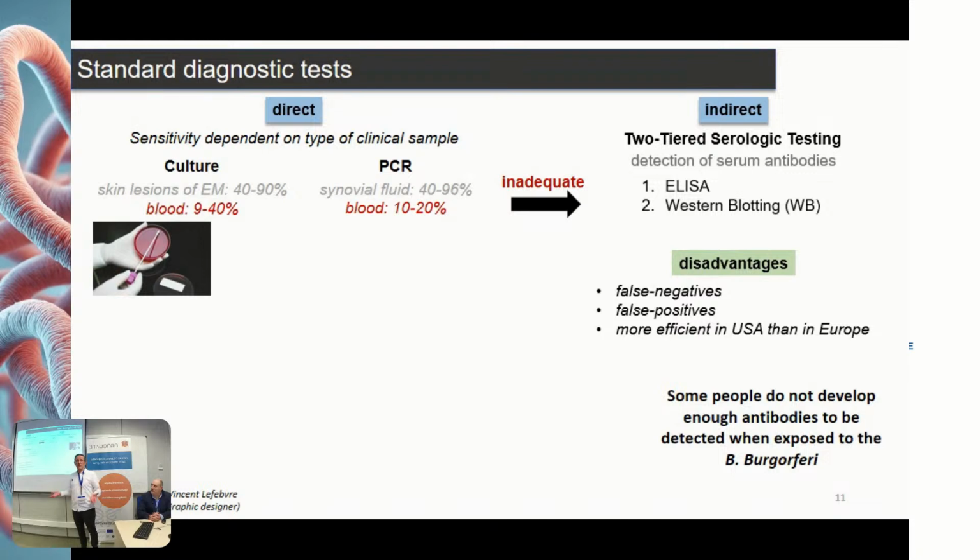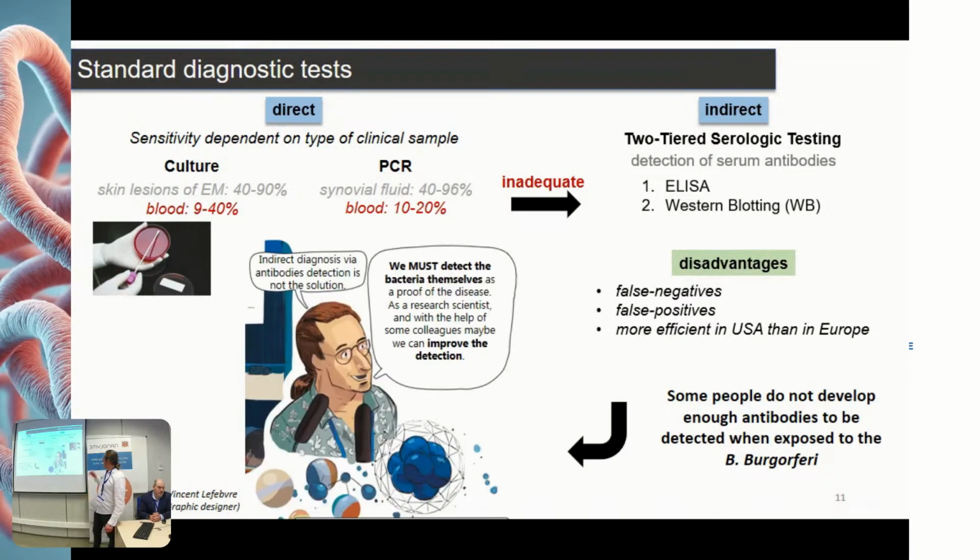There are a lot of people who are not detected simply because they are not producing enough antibodies. So I was thinking that the indirect diagnosis with antibodies was not the solution. We should detect the bacteria themselves in the blood, for instance, or the biologic fluids.